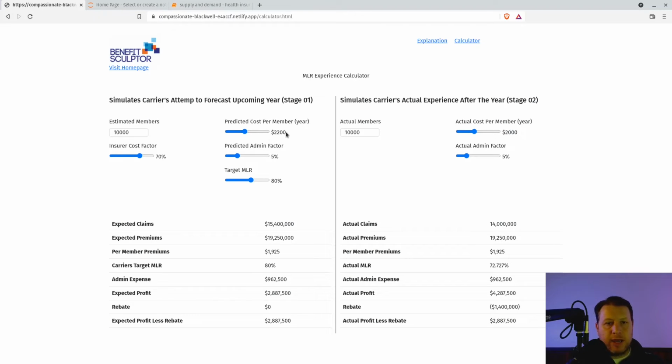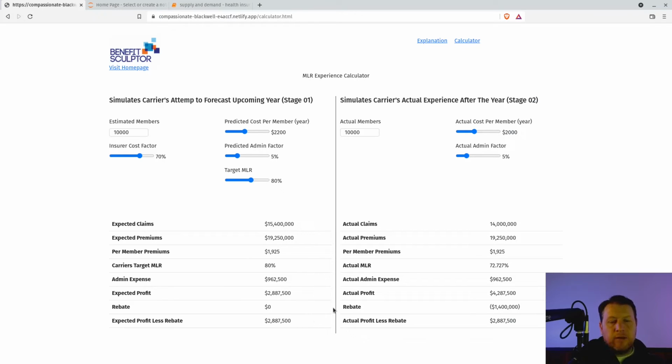So we go from $2,000 to $2,200 in predicted cost per member per year. Well, obviously our expected claims went up, our premiums went up. Per member, they went up from $1,750, I believe. Let me wind that back and just verify. $1,750 to $1,925, and our expected profit went up.